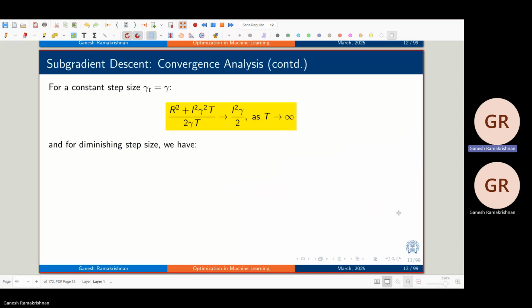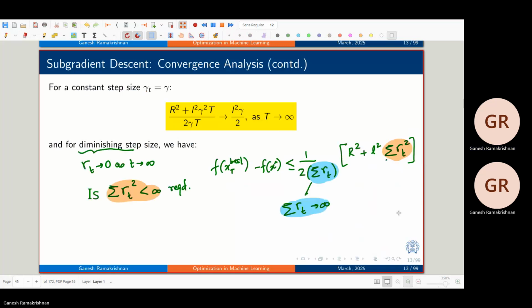So constant step size, I won't spend more time. But if you have diminishing step size, the question is, is summation of gamma t square being bounded required? If you look at the right hand side, you have 1 upon 2 summation gamma t in the denominator.